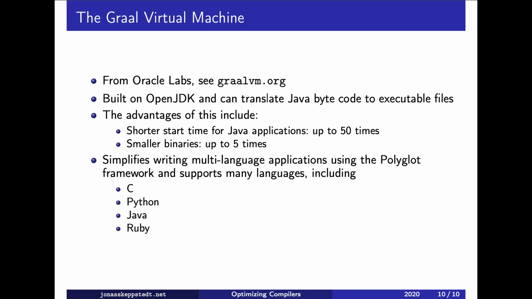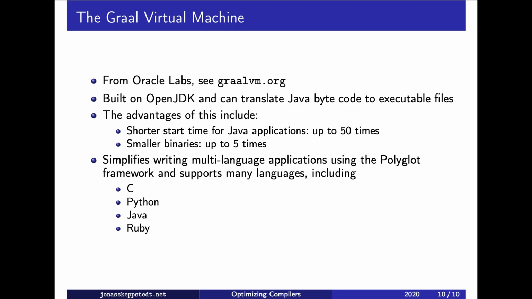And this is a very fascinating modern technology that can reduce the startup time by up to 50 times and create smaller binaries by up to 5 times. The output from the Graal virtual machine are completely normal executable files. So no HotSpot compiler is needed to put in an embedded system, for instance.